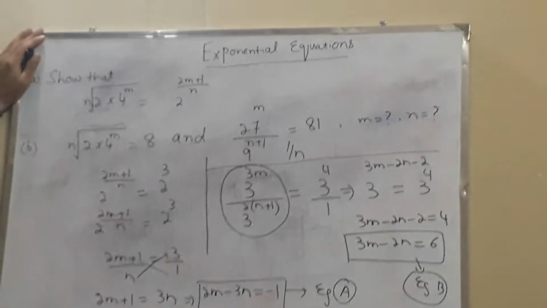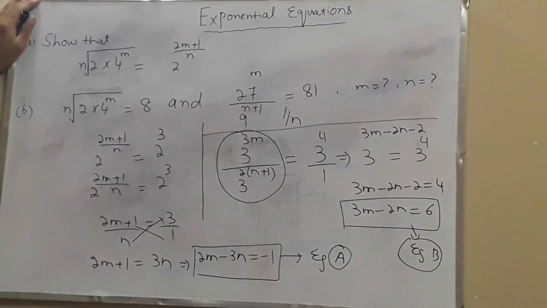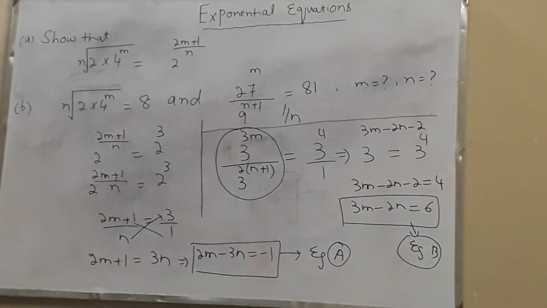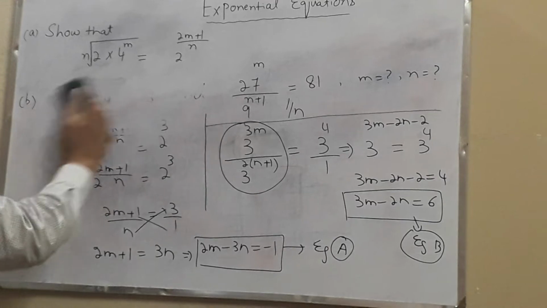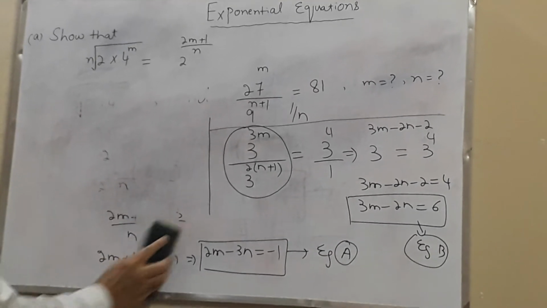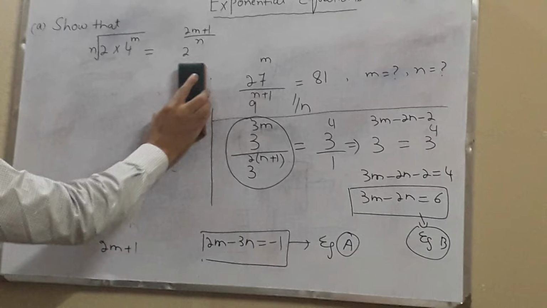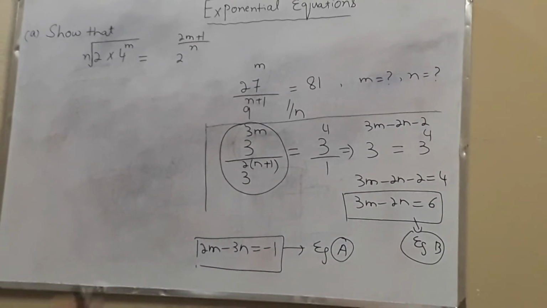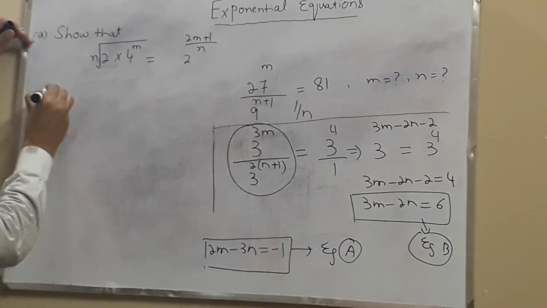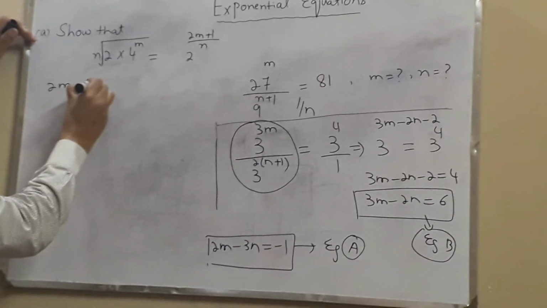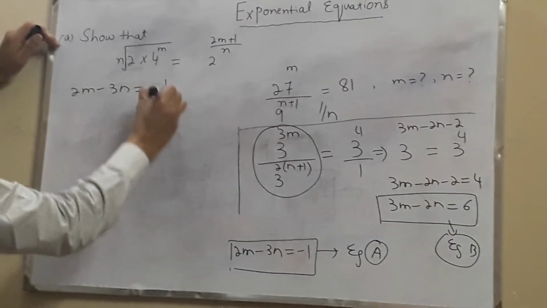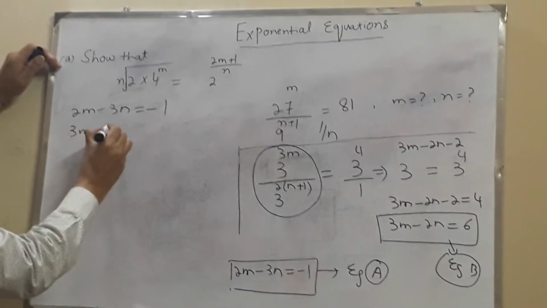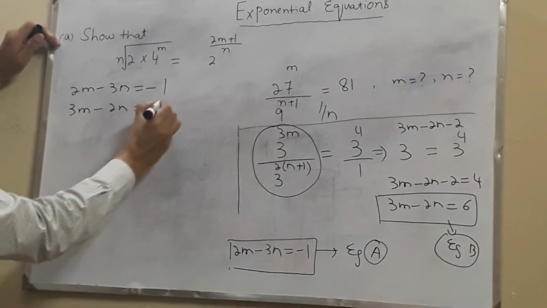We shall be solving equation A and B simultaneously in order to get the values of m and n. So let me use this area. Now our equation A is 2m minus 3n, which is equal to minus 1, and equation B is 3m minus 2n, which is equal to 6.